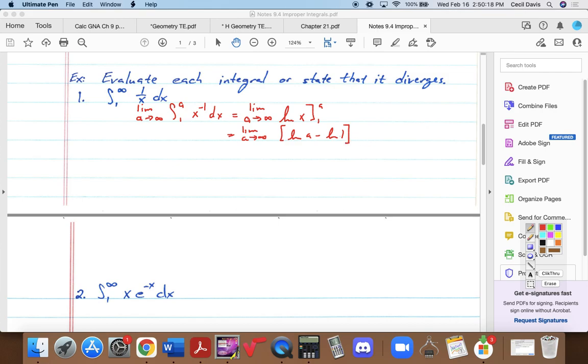The natural log of 1, of course, is 0. There's still a little pause there, but not as bad as it was earlier in the year. And as a goes to infinity, what does this go to? What is natural log of infinity? Infinity. Remember, natural log is a very slow-growing function, but it's always growing. So this is infinite. Therefore, the integral diverges.